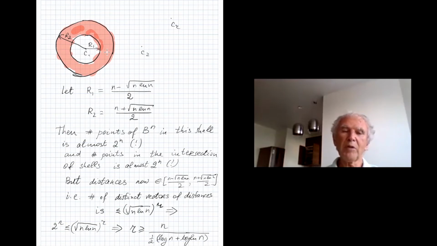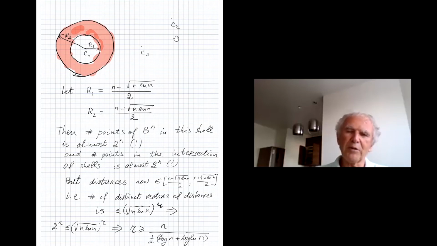Then what we know is that this shell is huge for large n. Almost all points lie in this shell, roughly speaking 2 to the power n times (1 minus o(1)).